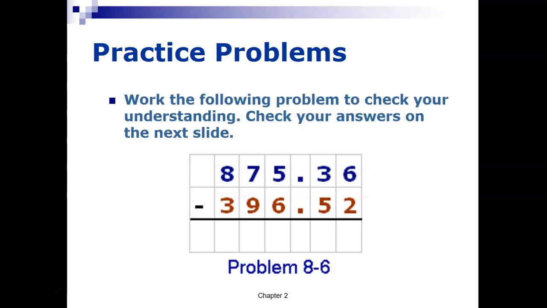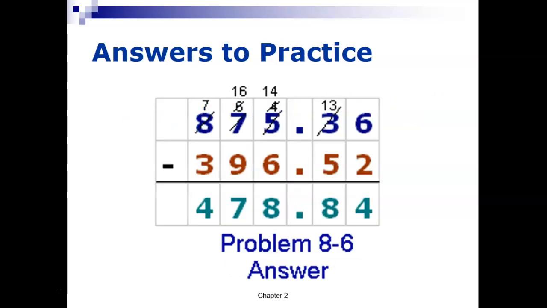Everybody good? All right. 478.84 should be your total. Your total difference, right? Everybody good?